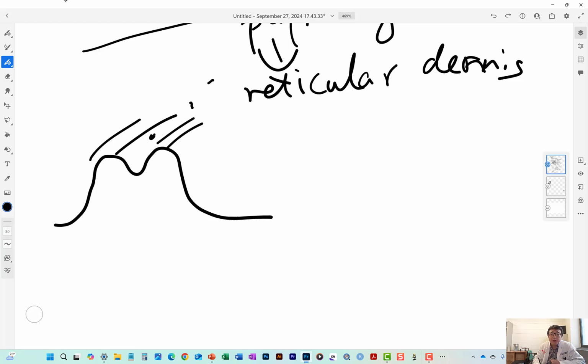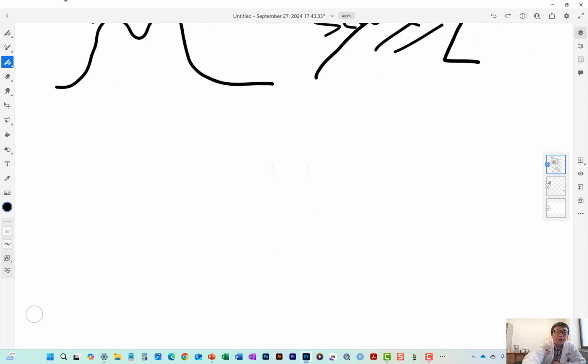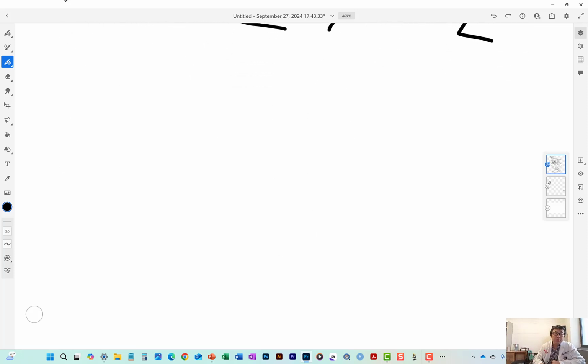In some other animals, like sharks, snakes, and turtles, the papillae form into a special shape. This is the scale. Mammals do not have scales. Instead, the epidermis and dermis go down to form a hole, and at the bottom of the hole there's a dermal papilla.